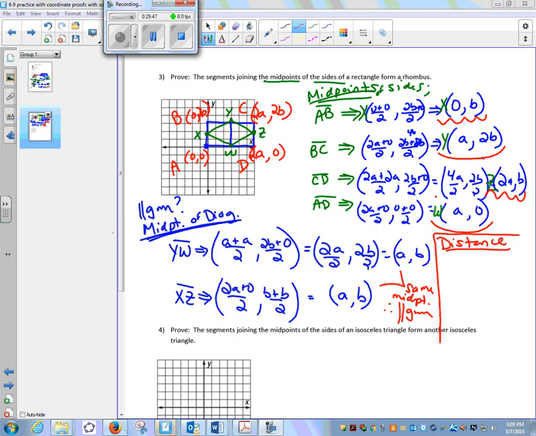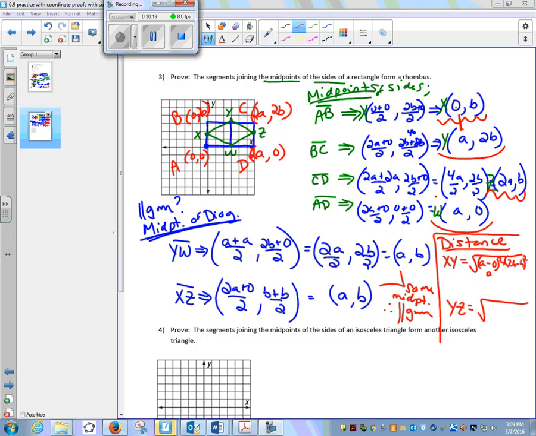So maybe XY and YZ. Those are consecutive sides. Distance formula. Length of XY, we're doing these two right here. We're going to subtract the x's, a minus 0 squared plus subtract the y's, 2b minus b.